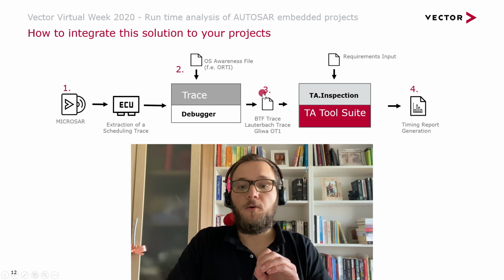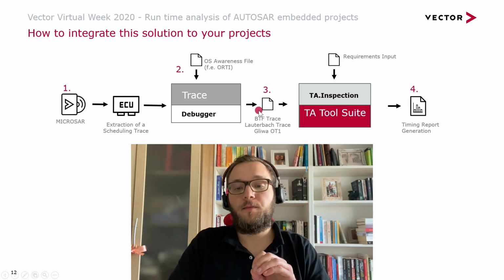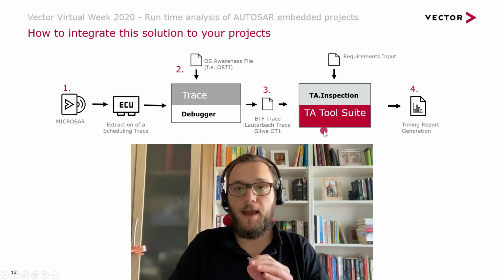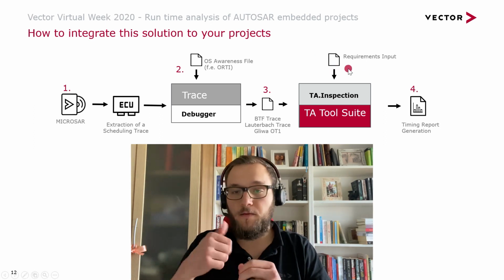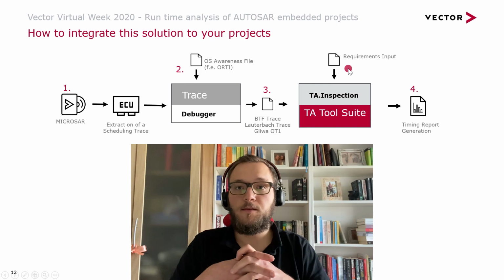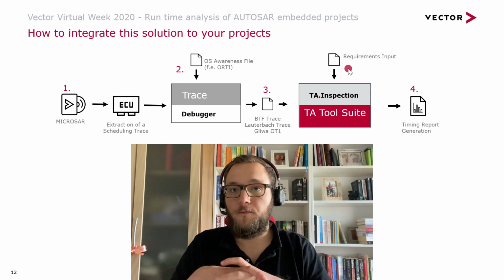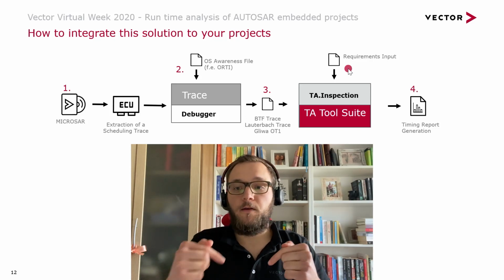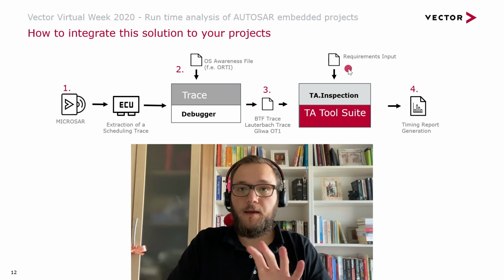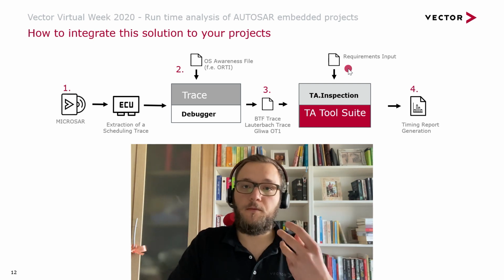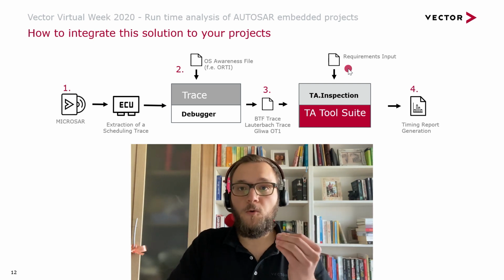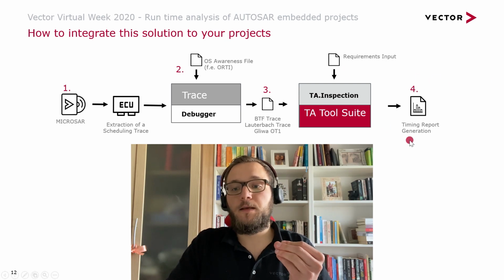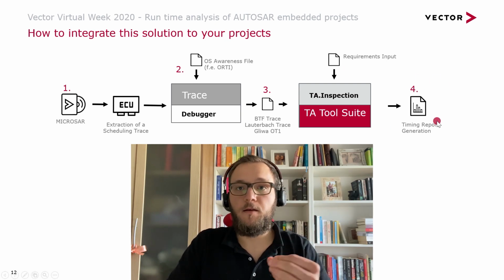And this trace file can then be imported into the timing architecture's tool suite. And if you combine this with requirements like event chain, task deadlines, or a maximum load that you want to have on the core, then based on this you can evaluate it, and you get it displayed with the interference view, etc. And you can use these requirements to generate reports.